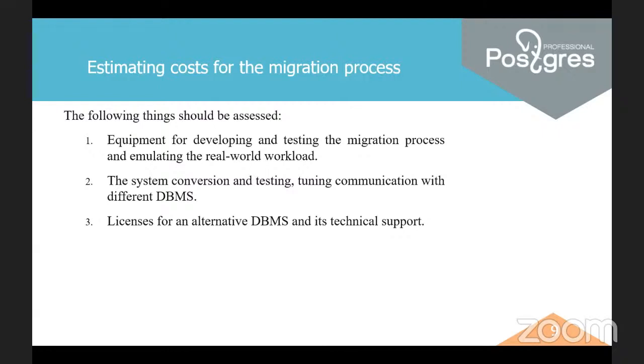The main point here is to prepare some additional data channels, try to emulate the entire situation, measure times, and look for various logs and see if your integration mechanisms work as expected. The third point is licenses for an alternative database management system and its technical support. Suppose that for some reason a non-free database management system like Postgres Pro Standard and Enterprise have been chosen due to its features. Therefore, license prices should also be considered.